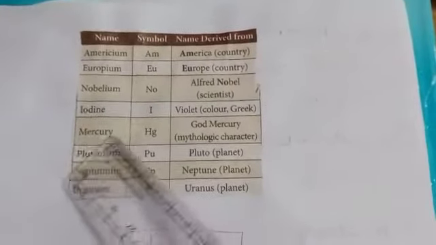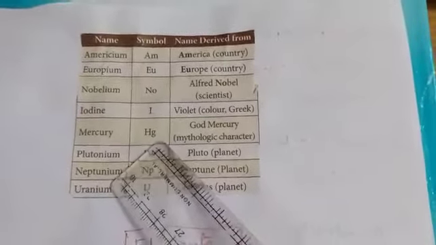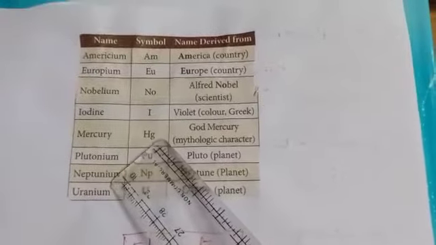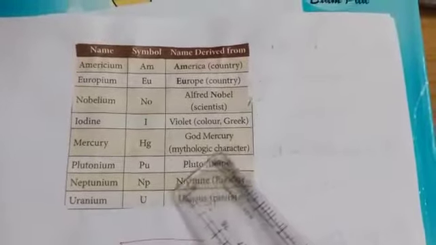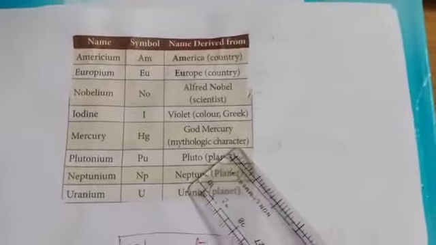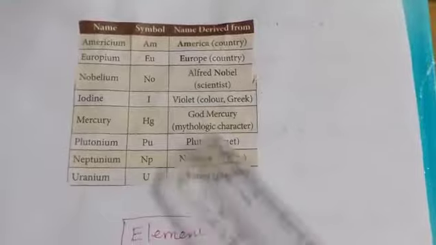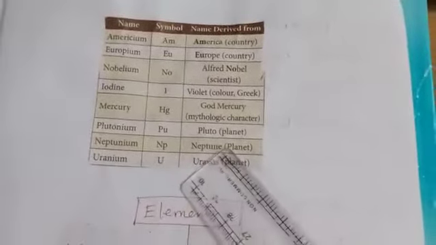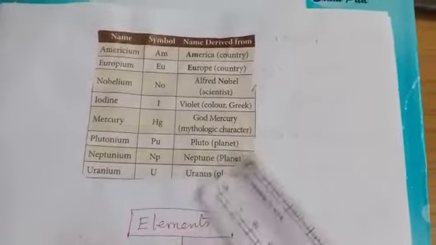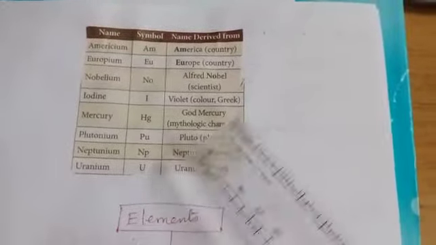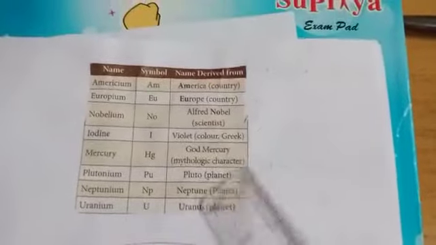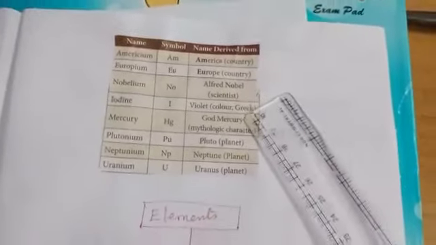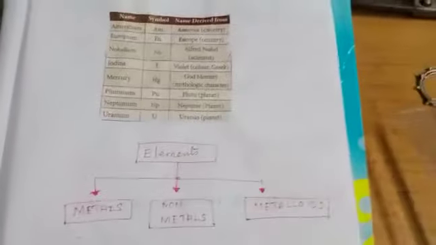Is there an H or G in mercury? No, isn't it? So mercury is Hg. This name is derived from the mythological character. So like this, these elements are named using the name of a country, scientist, color, mythological character and planet. Next we are going to learn about the elements and their classifications.